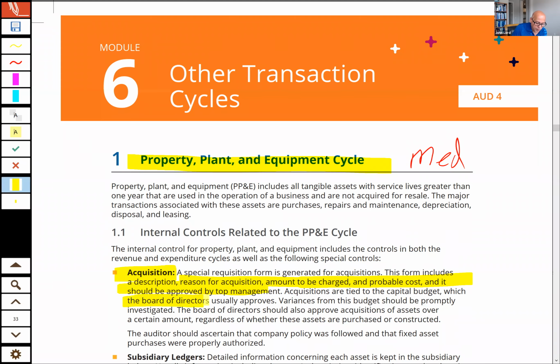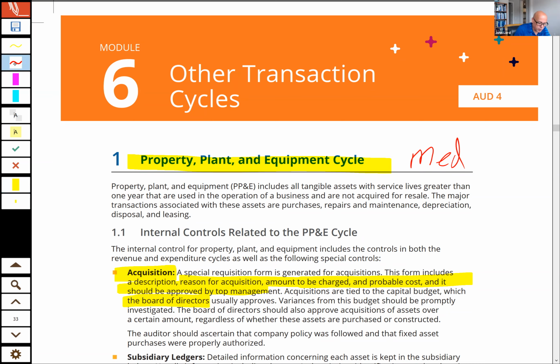It's approved by the board of directors. So when you start talking about larger ticket items such as purchases of investments, financing decisions, these type of things, we tend to bubble those up in terms of approval all the way up to the board of directors.